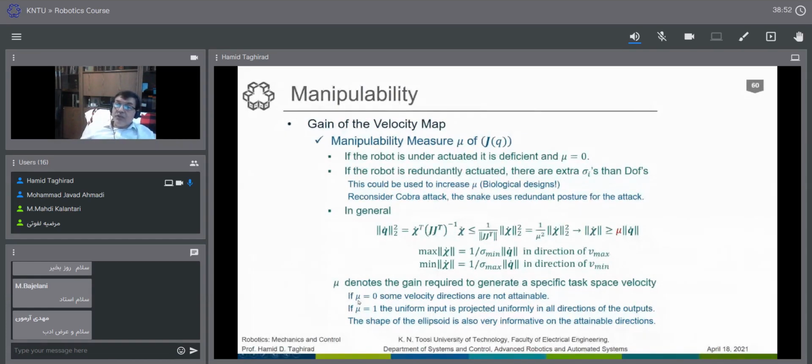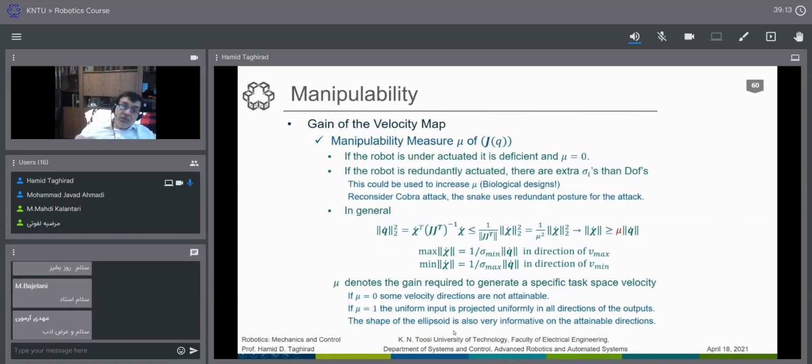Again, if mu is equal to 0, in some direction the velocity is not attainable. We have a singular value. And if mu is equal to 1, we have a uniform velocity: in all directions we have very uniform velocities at the output.